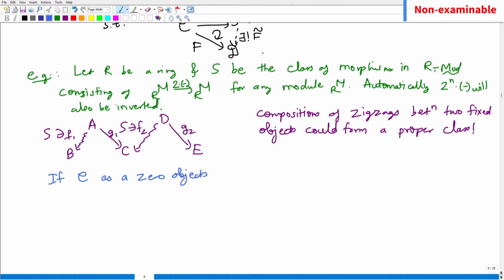If C has a zero object and the unique morphism from 0 to A belongs to S, then the zero object is preserved by any nice enough functor. So this unique morphism became an isomorphism. So what happened to A?